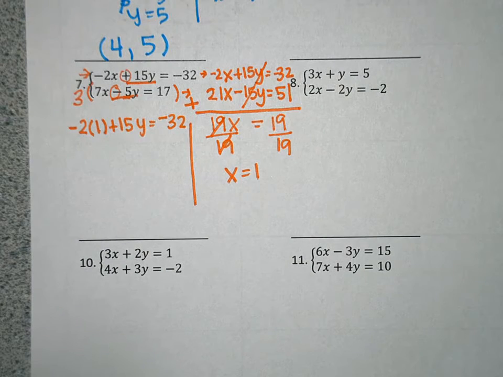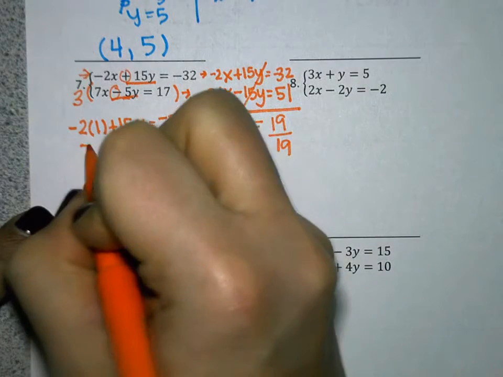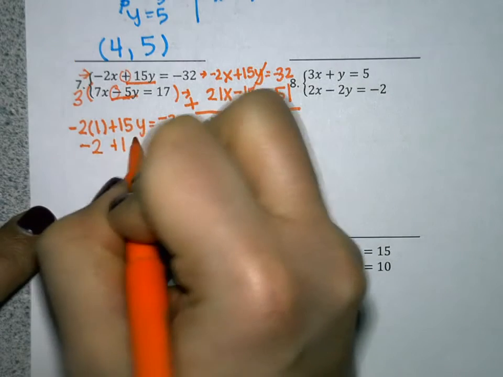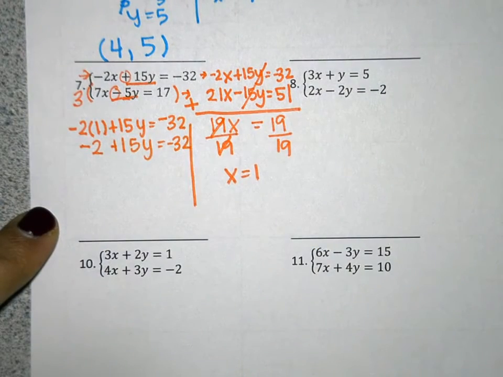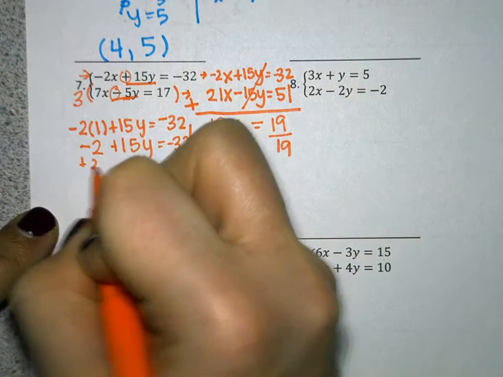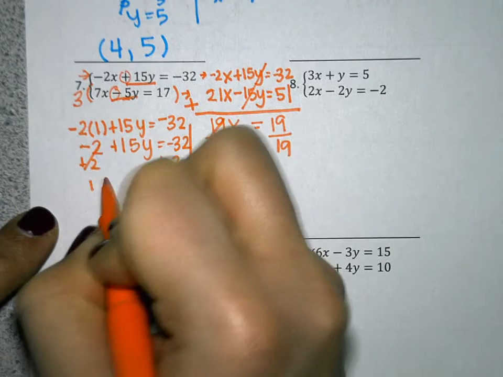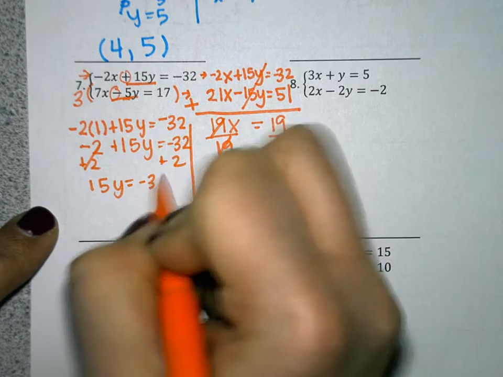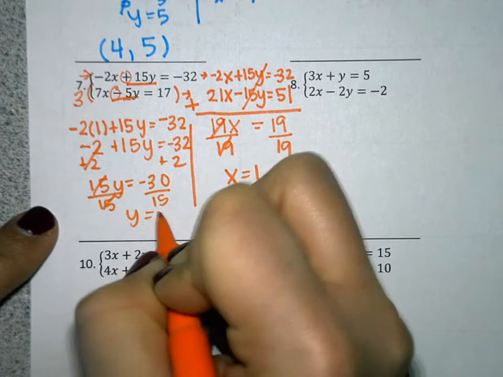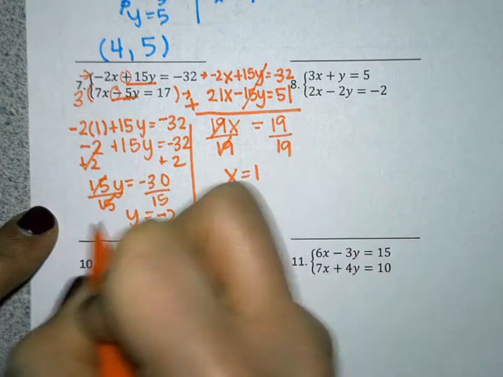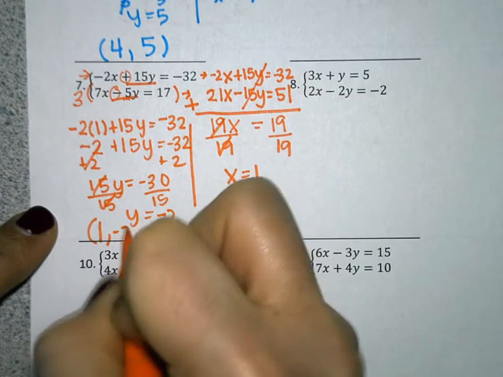There's not a right or a wrong one to choose. It's going to give you the same y value no matter what. So then I'm going to add 2, and I get 15y equals negative 30. Divide by 15, and I get y equals negative 2.